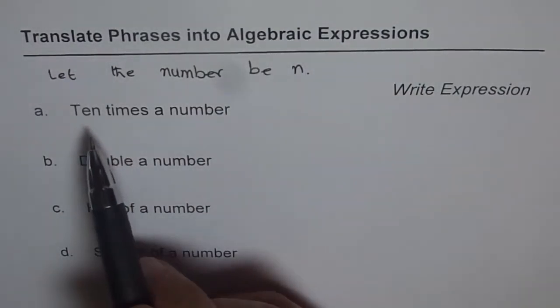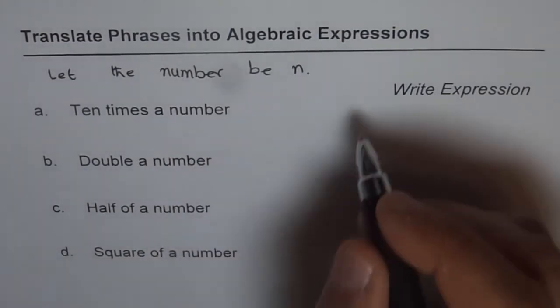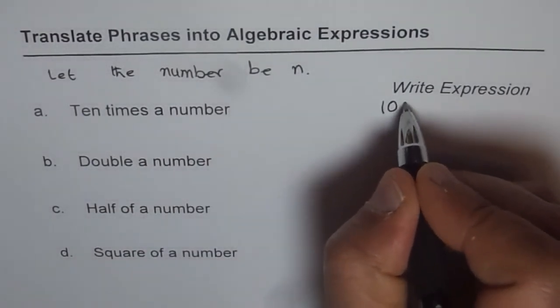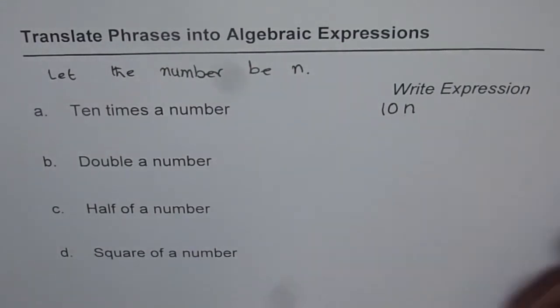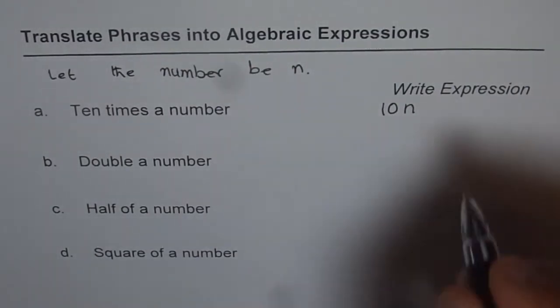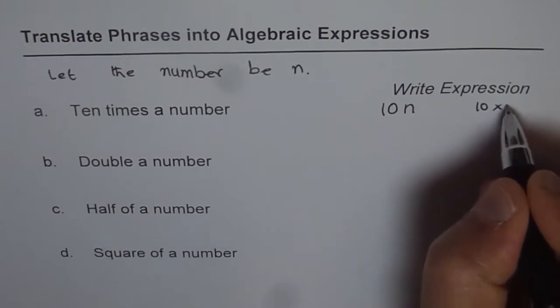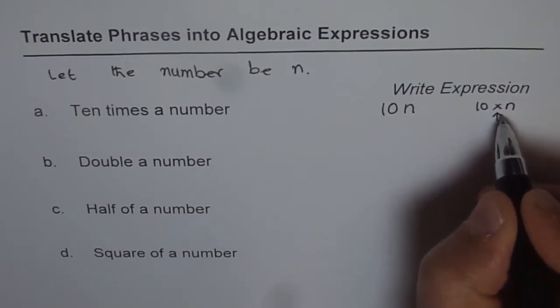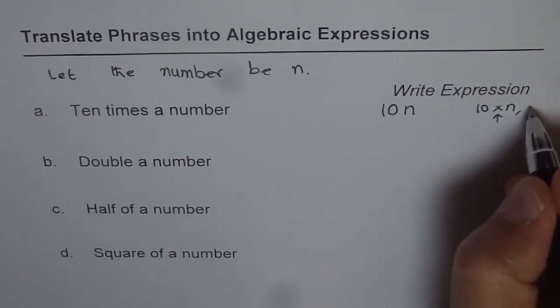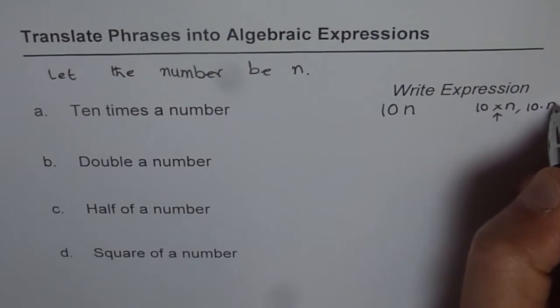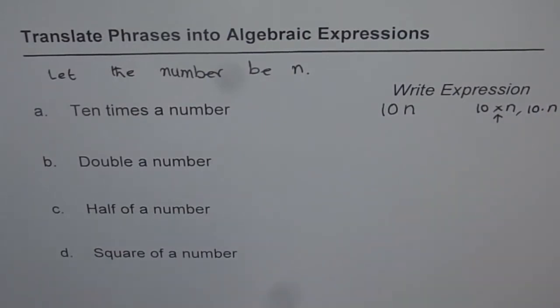Now the question is 10 times a number. So we can write an expression 10n. Remember, if we don't write anything in between, it means multiplication. We do not write 10 times n since this can be confusing, right? Sometimes it may look like x, a variable, so it creates confusion. Well, at times we write 10.n, that also means multiplication.